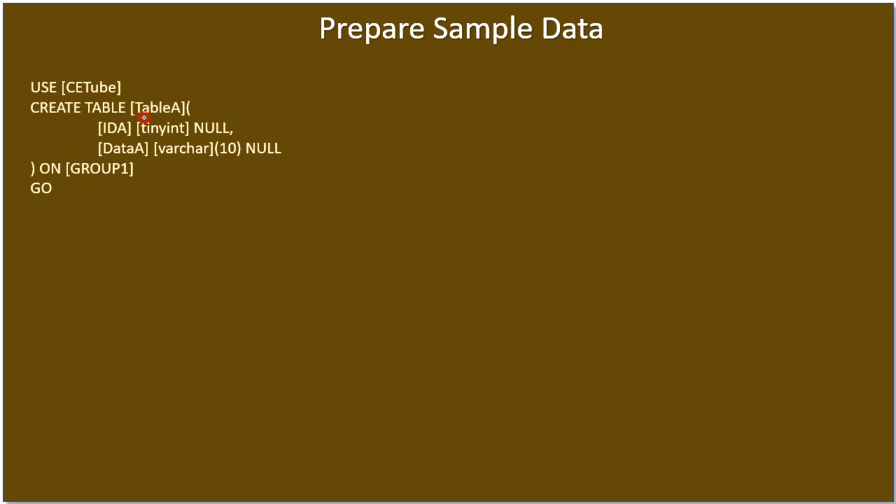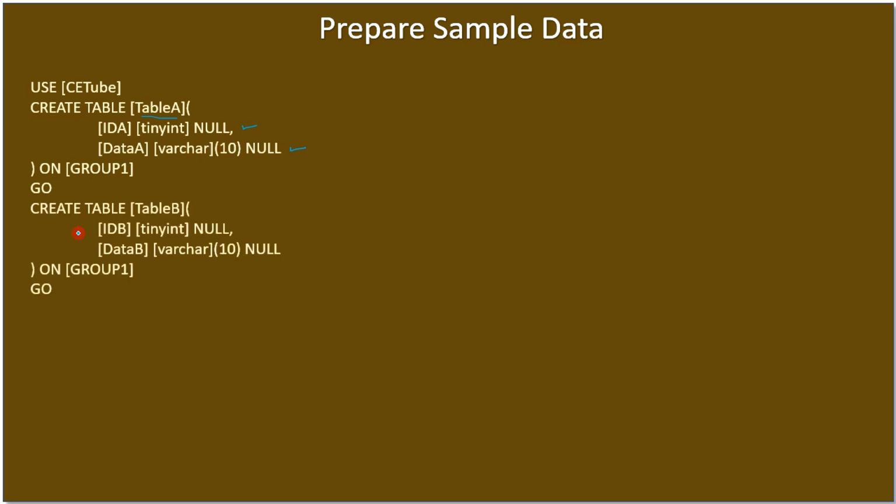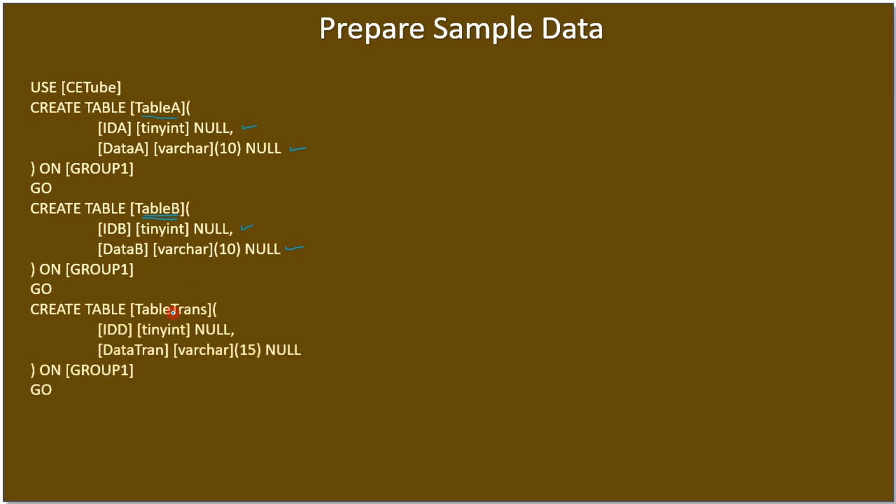through the examples. Here we are creating table A, which contains only two columns, ID for table A and data for this table A. Next, we create one more table, table B. So this also contains a similar data type, ID for B and data for table B. Then we will create one more table called table trans that contains ID D and data for transaction.